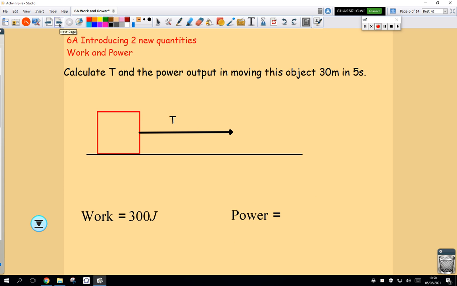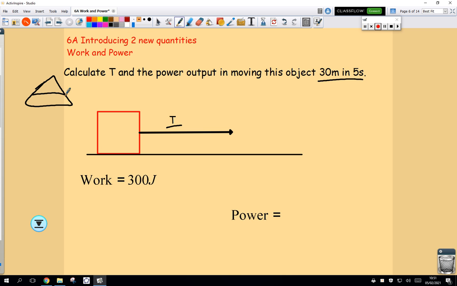Calculate T and the power output in moving this object 30 meters in 5 seconds. So I'm trying to find the force applied here. I'm told the object is moving 30 meters in 5 seconds. I'm also given down here that the work is 300 joules. So remember how we define work. Work is defined as force by displacement.